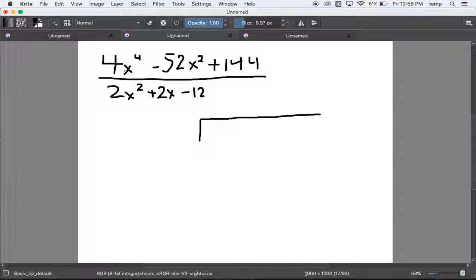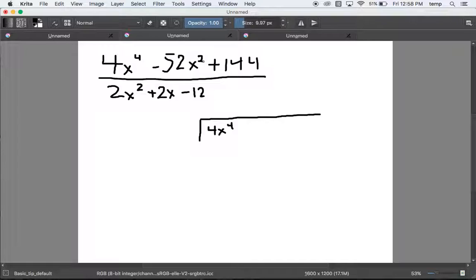Probably the most common mistake that I see with these long division problems is that you have to have every power in decreasing order all the way down when you write it down here. So we have 4x to the fourth, but we can't just leave out x cubed. It goes x to the fourth, x squared.